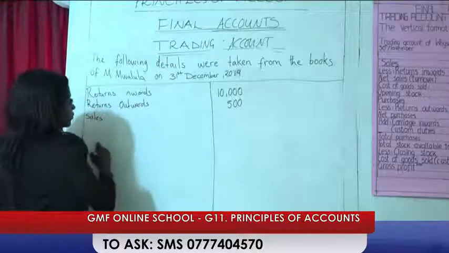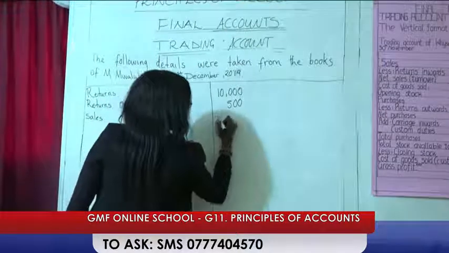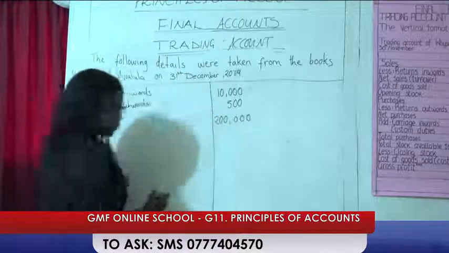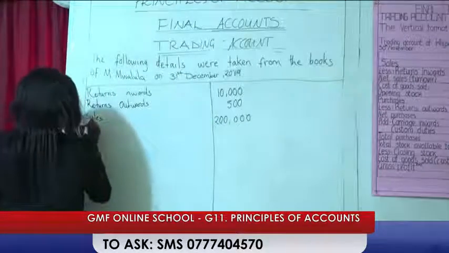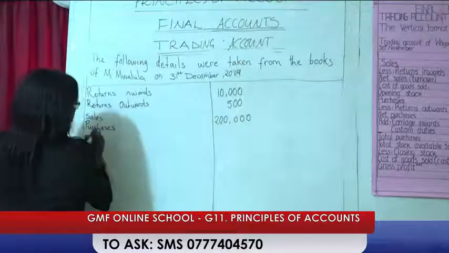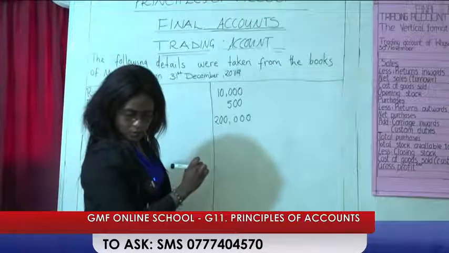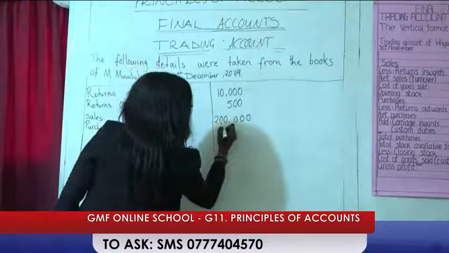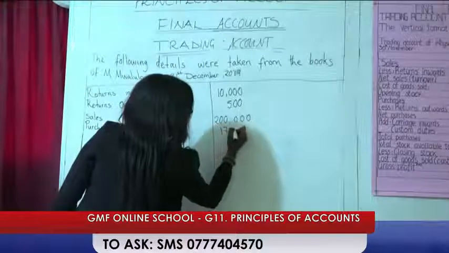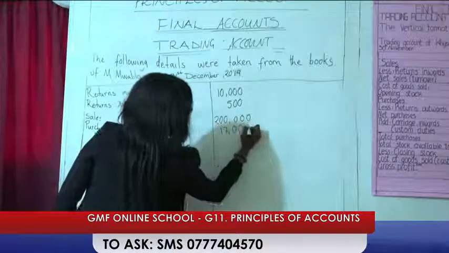We have 500. So next we have the sales, 200,000. The purchases, $17,000.